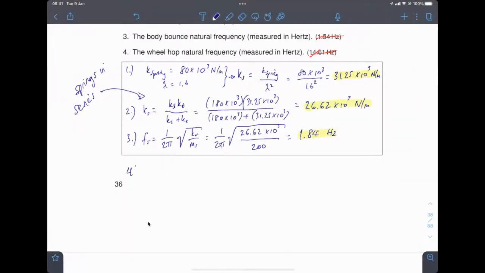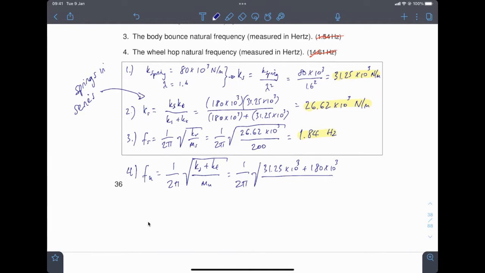For part 4, wheel hop, so Fu equals 1 over 2 pi times the square root of Ks plus Kt over Mu. Mu is 23 kilograms, isn't it?